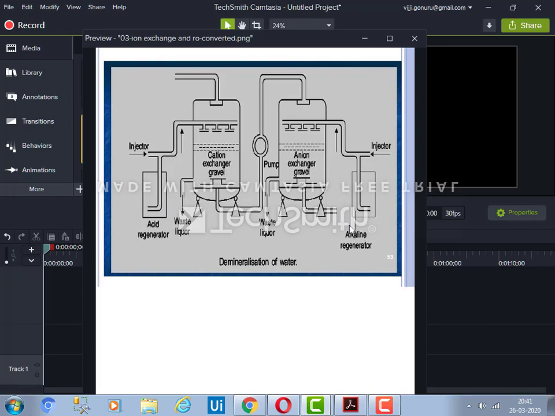Now let us see the reactions: replacing H+ ions with calcium +2 and magnesium +2 at the cation exchange resin, and replacing OH minus with anions, that is bicarbonates, chlorides, sulfates and nitrates, in the water sample. And after exhaustion, let us see the regeneration, that means this resin is washed with acid and this resin is washed with base. Those are the regeneration reactions.